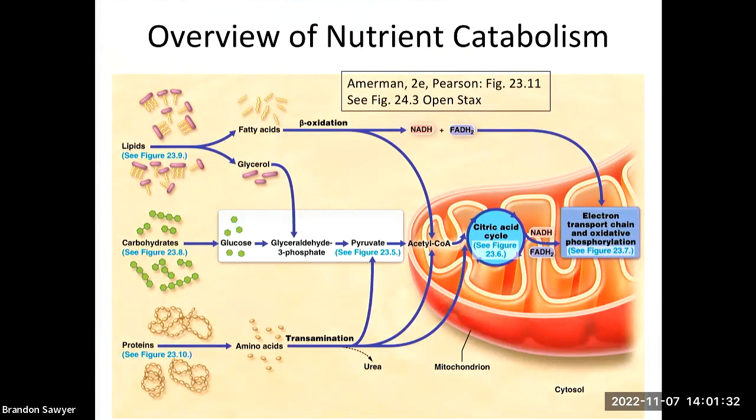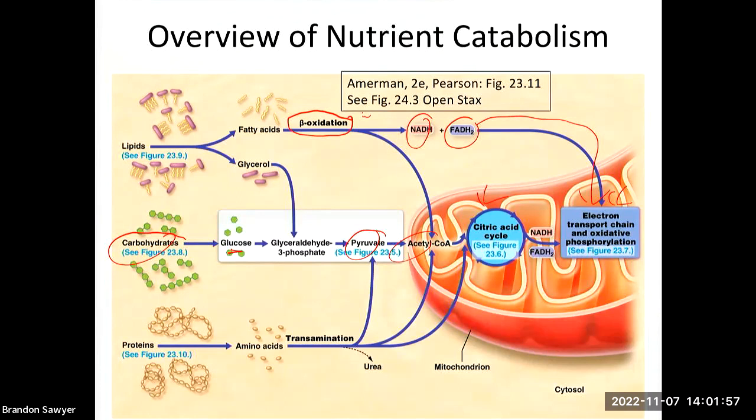Okay, so this kind of gives us an overview of what this looks like, right? So we're going here, carbohydrates, glucose, turn it into pyruvate, acetyl-CoA, and then we go to the Krebs cycle, electron transport chain, okay? If we were going to talk about the lipids one, then we go through a process called beta oxidation. And beta oxidation is eventually going to make a bunch of these guys for us again, and then go to the electron transport chain.